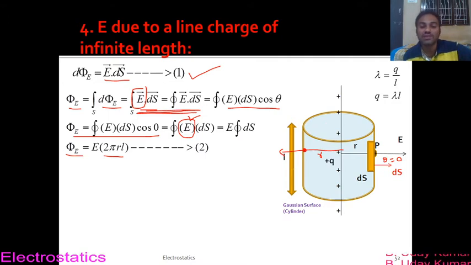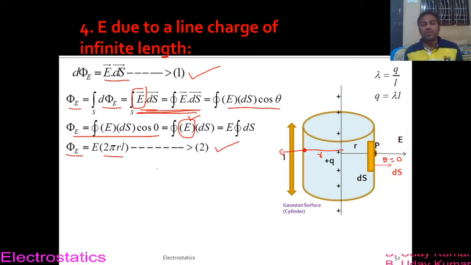I have considered the length of this Gaussian cylinder as small l, and hence the curved surface area will be equal to 2 pi rl. If I substitute, I get the total electric flux as phi E is equal to E times 2 pi rl. I hope it is clear up to here. Let us take this equation as 2.